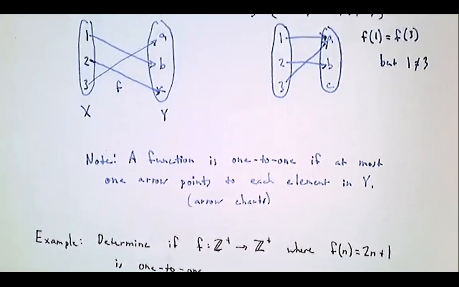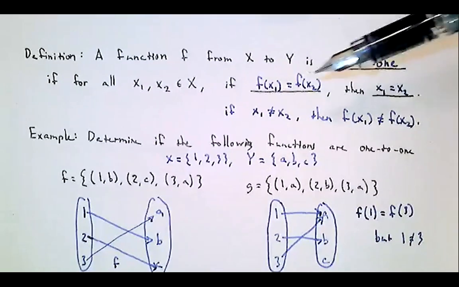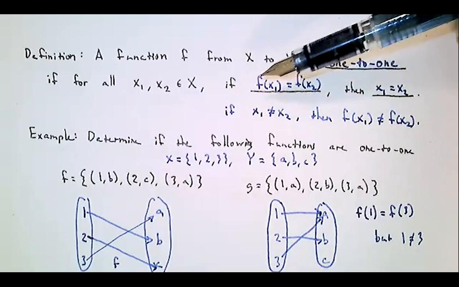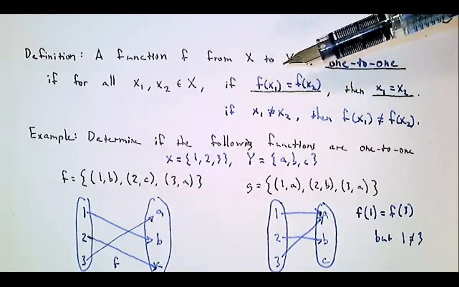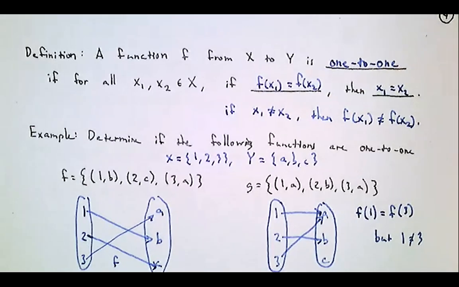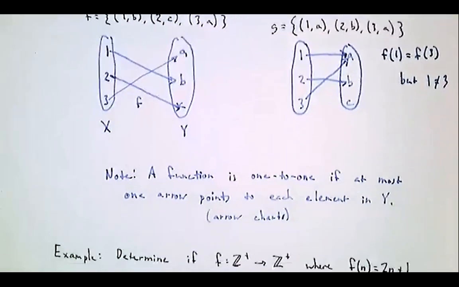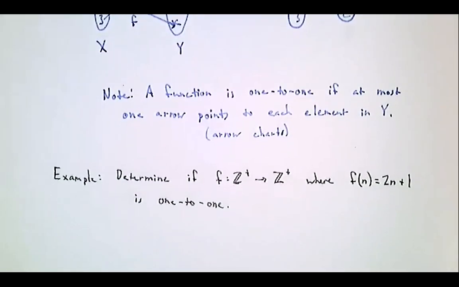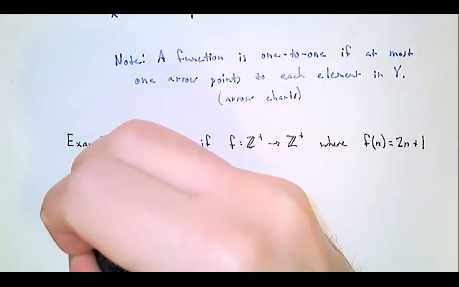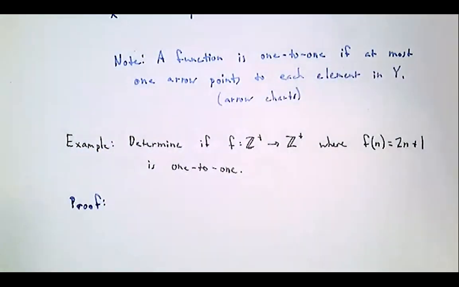So what I have to do is go back to the definition, and if this is going to be one-to-one, I have to show that if two output values are the same, then the input values were the same as well. So this is actually kind of a proof. If we want to say it's one-to-one, we actually have to prove something.